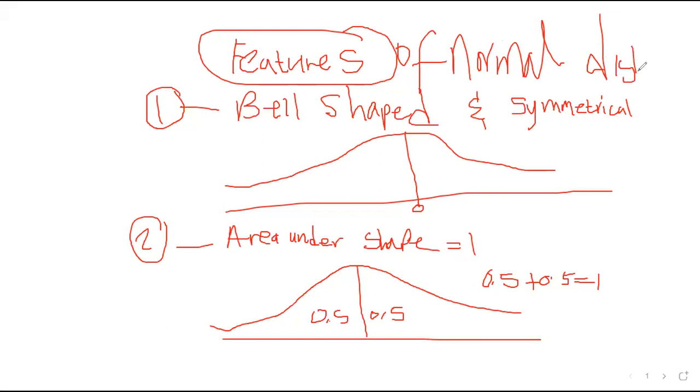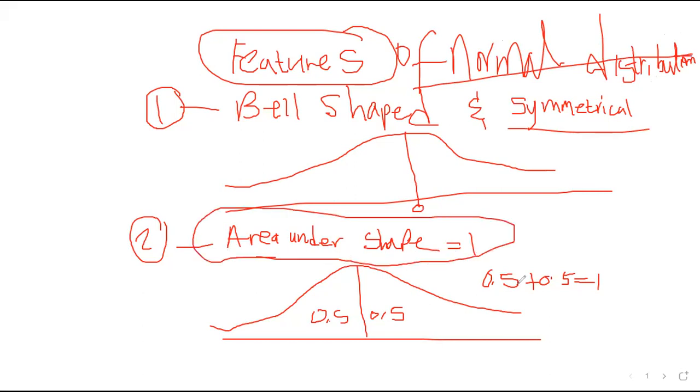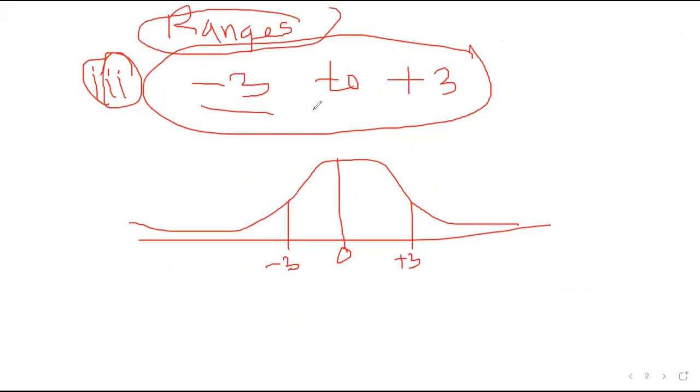Under this, the features of this distribution, we look at the bell-shaped and symmetrical curve, with area under the shape equal to 1. Then we also have the range of values from -3 to +3, these are the ranges of values for this kind of Z value.